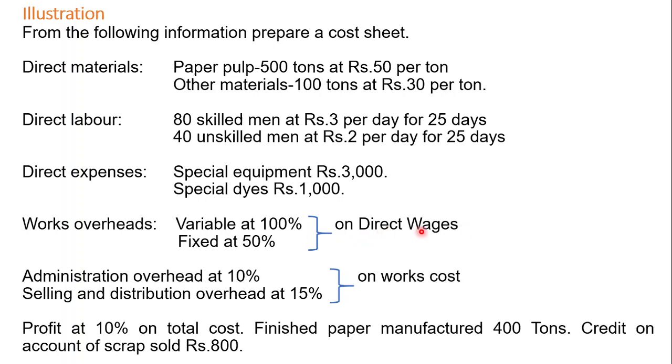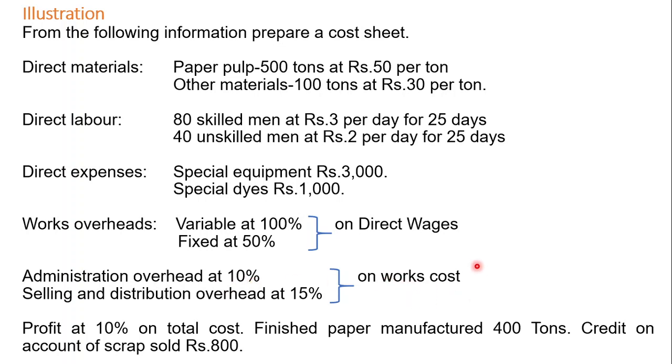The amount of direct wages is not clearly given. We need to calculate the direct wages. Whatever the amount we calculate, on which variable expenses of factory overhead is 100%, and on direct wages, fixed factory overheads are at 50%. Similarly, administration overhead is to be calculated at 10% on works cost.